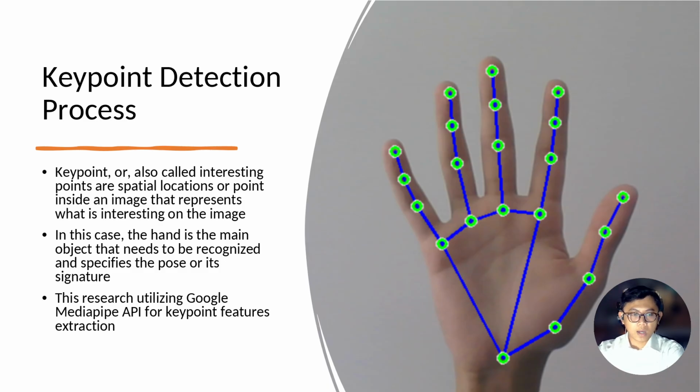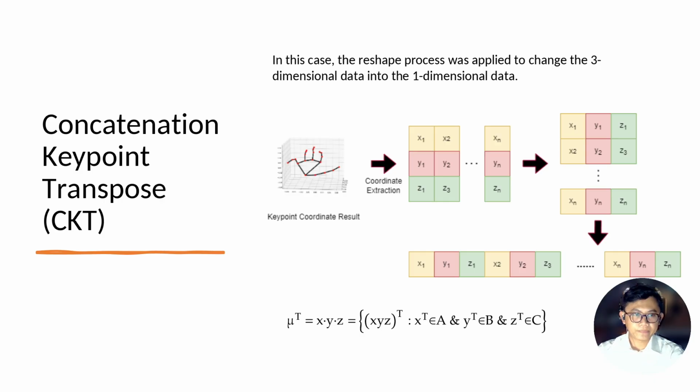And the second, Google MediaPipe has proven its capability to detect the key points in hands better than other models in several scenarios. That's why we use MediaPipe provided by Google.